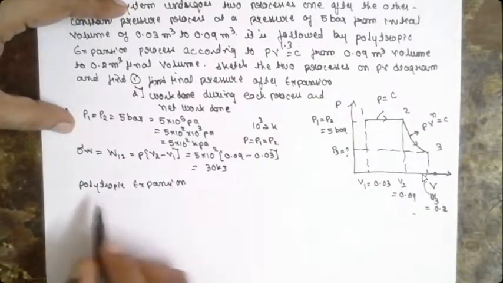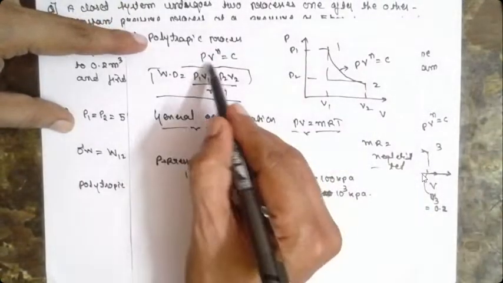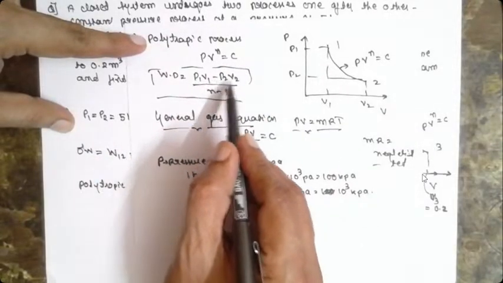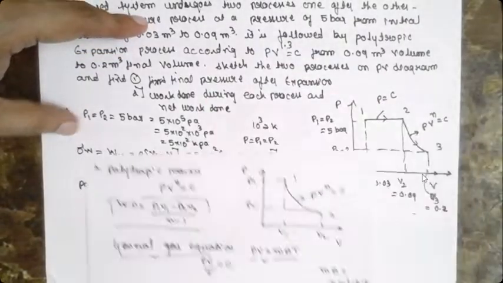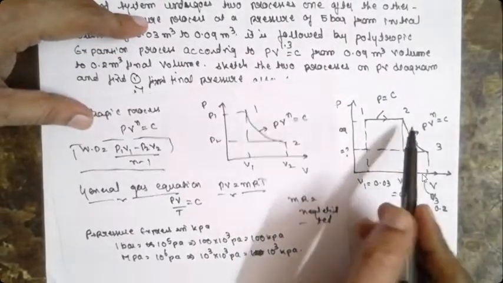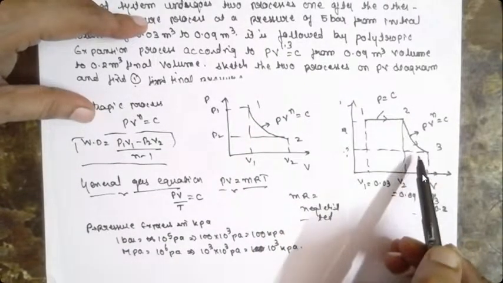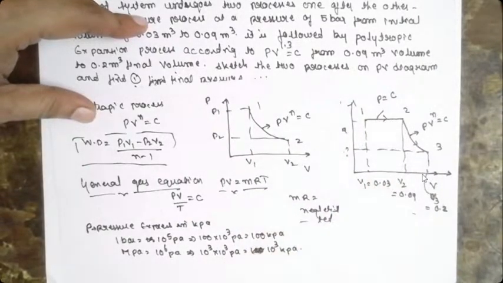For polytropic process, PV raised to n is equal to C. Work done formula will be P1 V1 minus P2 V2 divided by n minus 1. Here we write the work done formula in this form: P2 V2 minus P3 V3 divided by n minus 1, because the states will be 2 and 3.